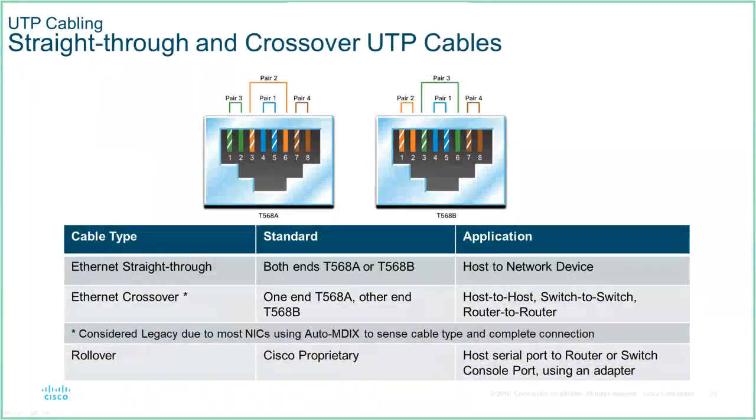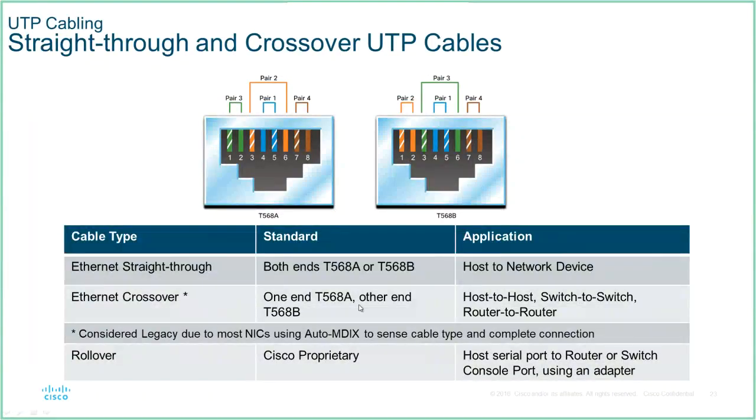Okay. So the crossover occurs because we are swapping over pairs 2 and 3 within the cable. So if you look here, pins 1 and 2 are the green. Over here, they're the orange. So they swap. So that's our physical crossover between our transmit and receive pair within the cable.